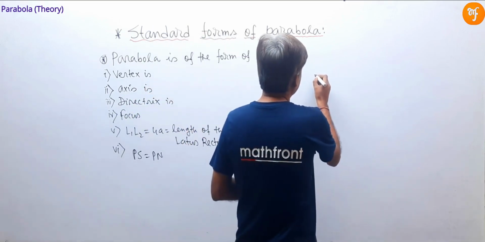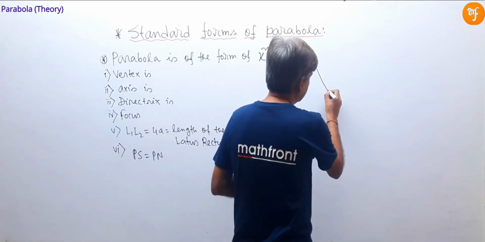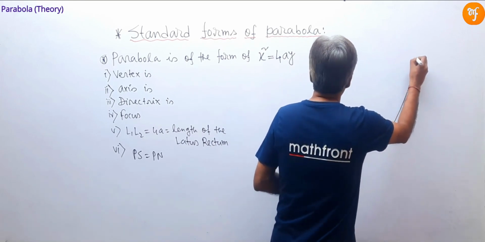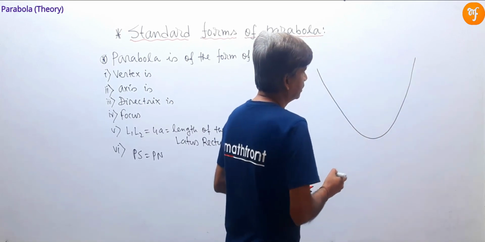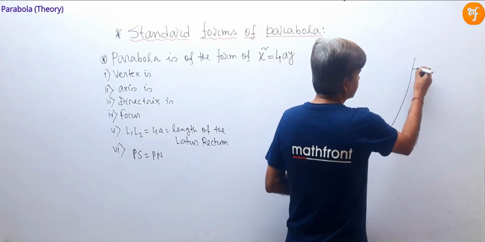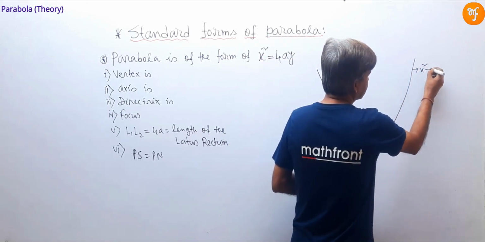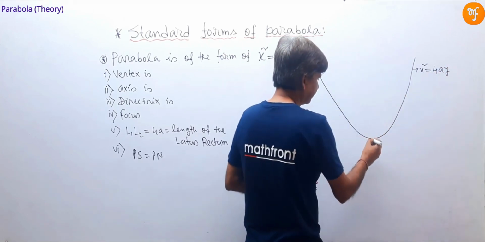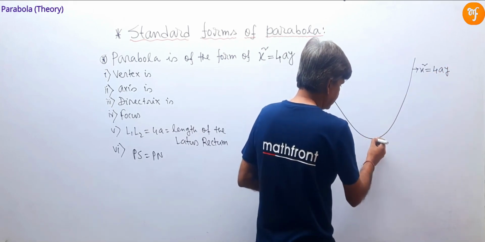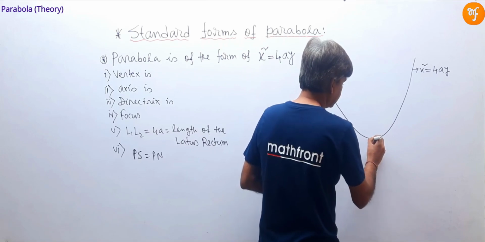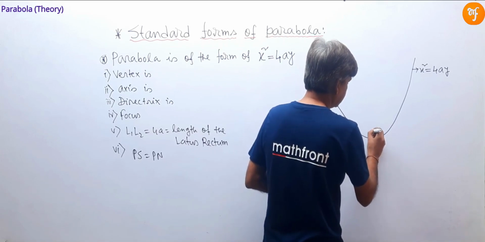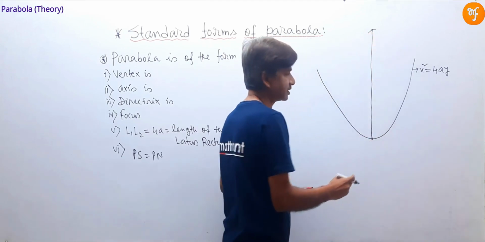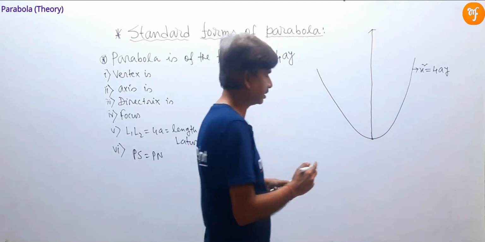So this is the parabola whose equation is x square is equal to 4ay, and this is the line, the y-axis, which symmetrically divides the curve.